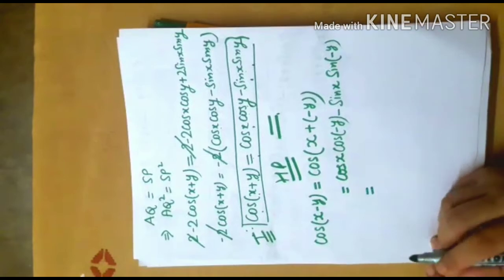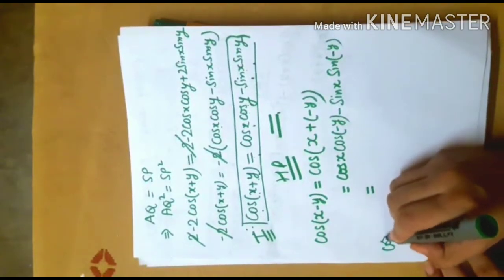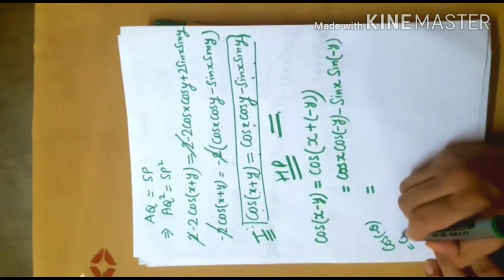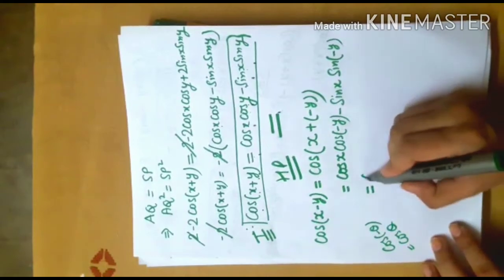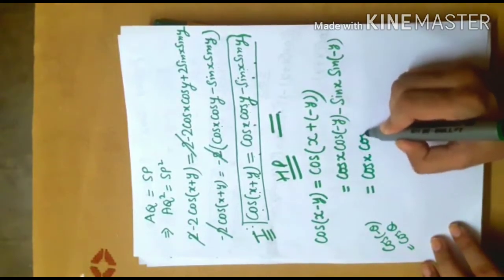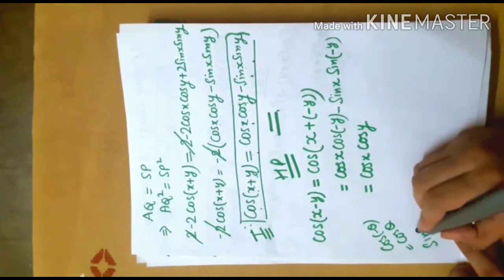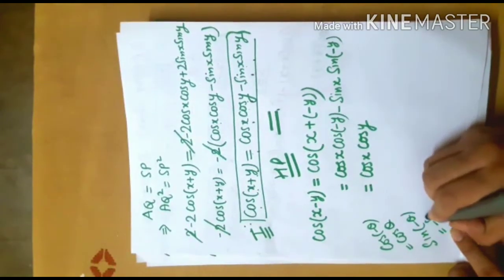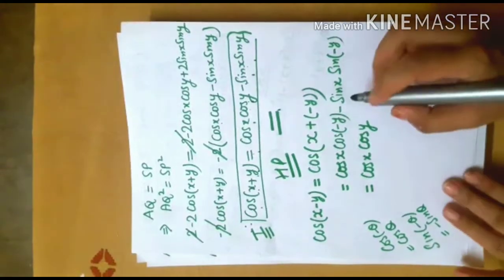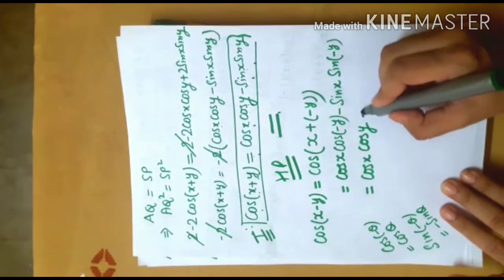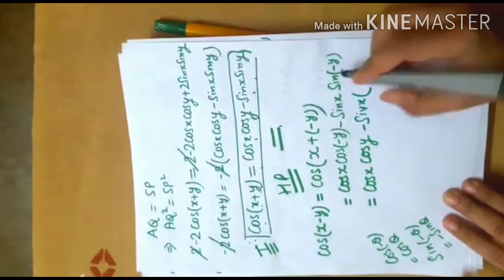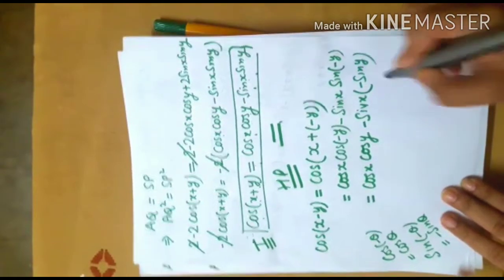Now we know that cos of minus theta is cos theta. So this will be cos x cos y, and sin of minus theta is equal to minus sin theta. So this will be minus sin x and here minus sin y.